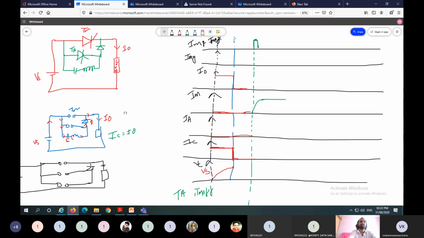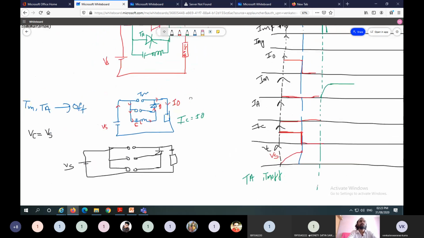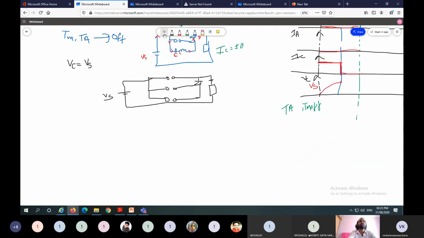So if you trigger this SCR, the circuit diagram will be like this. Here SCR is turned on. Once the SCR is turned on, it acts as short circuit. This one is main thyristor.